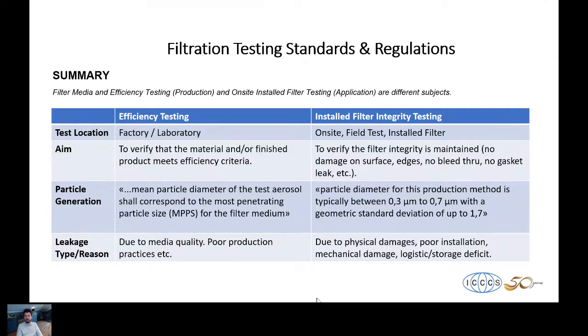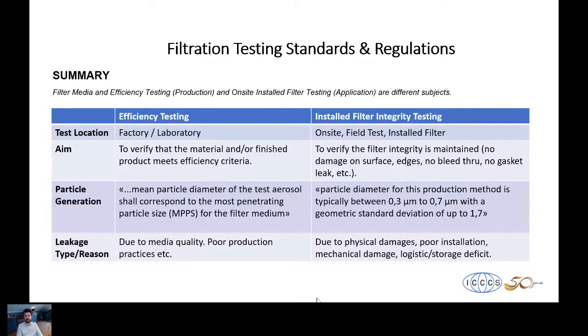But for the installed filter integrity testing, the standard ISO 14644-3 defines 0.2 to 0.7 micron with a geometric standard deviation up to 1.7, which has to be calibrated for our aerosol generators. Even if we are using photometers or particle counters for testing, these aerosol generators have to work between 0.3 to 0.7 micrometer particle sizes.